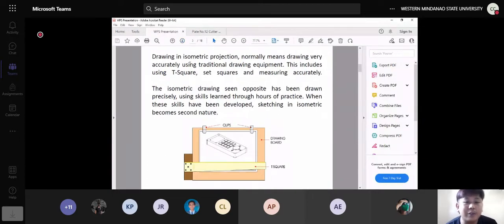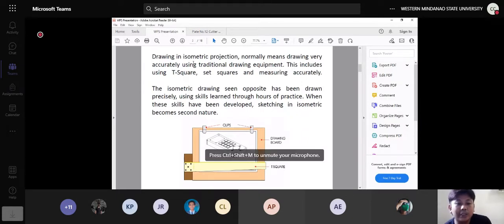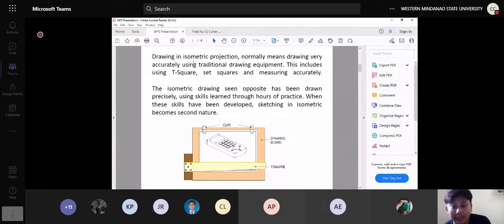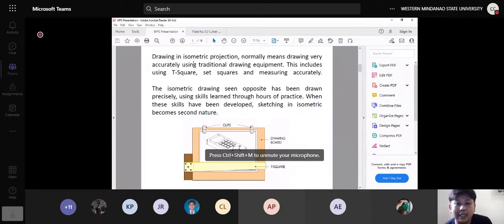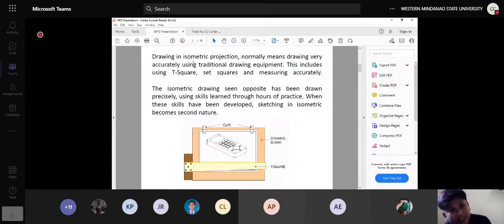In drawing an isometric projection or drawing, basically we need these instruments. The main instruments that we need are, of course, the T-square, para maging guide, the triangle natin, which is also known as the set squares. Di ba alam natin, set squares are those triangles na 30-60 degrees, pati yung 45-45. So those are set squares.